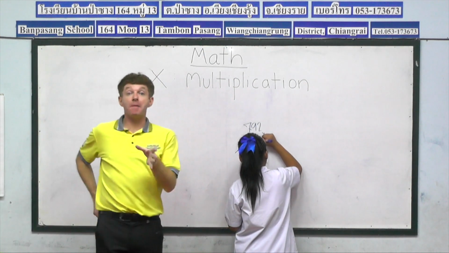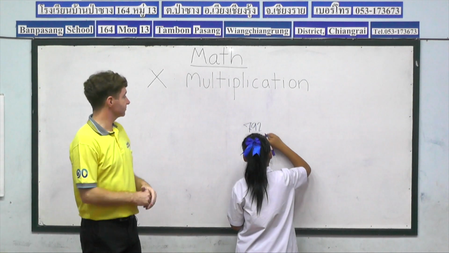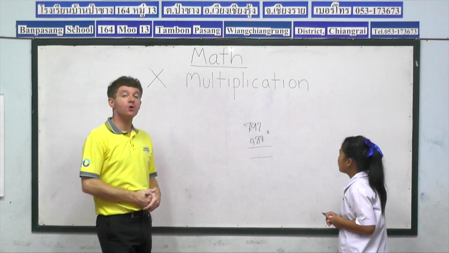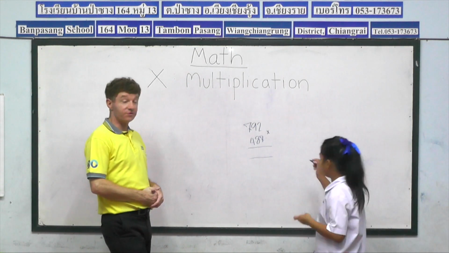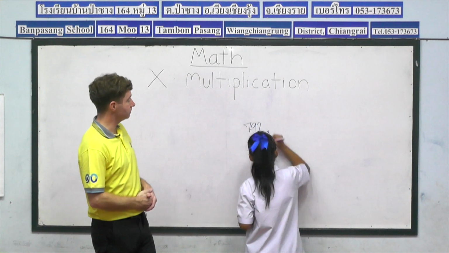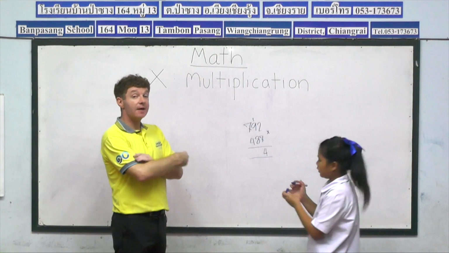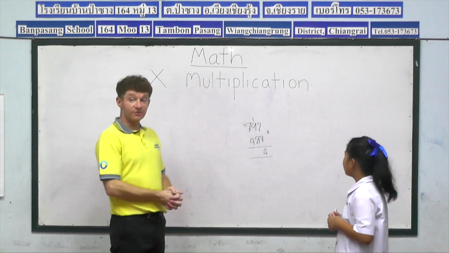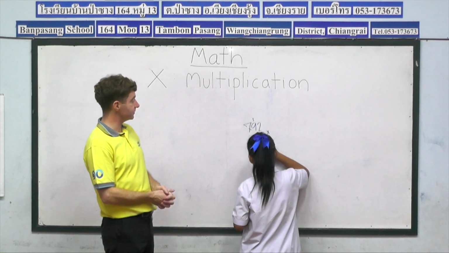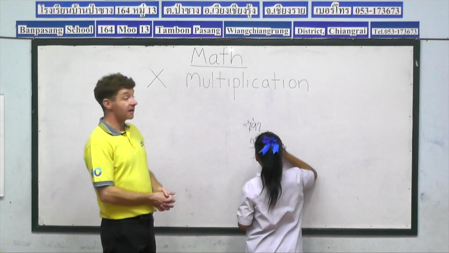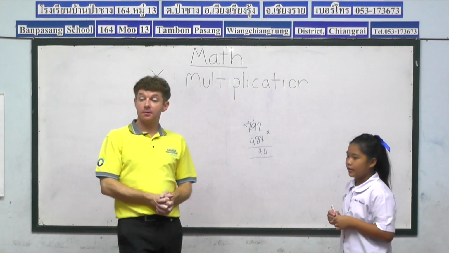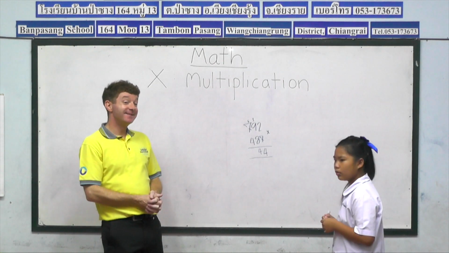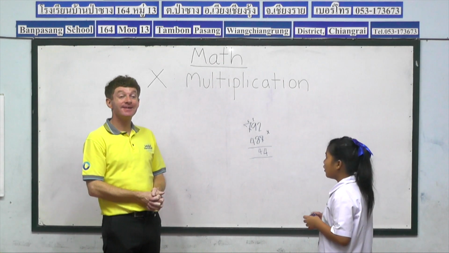Excellent, Lakau. Remembering that we always start with the ones. So, 7 times 2. 14. So we can write the 4, carry the 1. 7 times 9. 64. So we can write the 4, carry the 6. 7 times 7. 55.